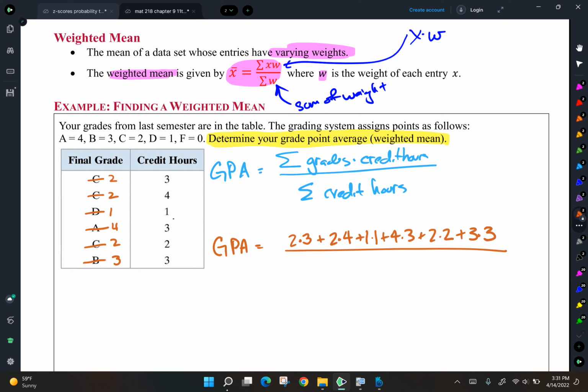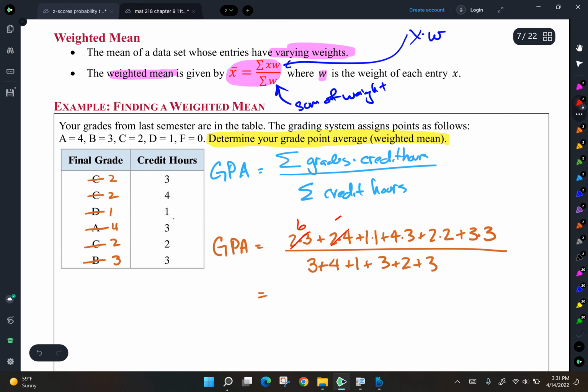And then my denominator just needs to be the sum of the weights. In this case, our weights are our credit hours. And then I'm going to go ahead and calculate this. I'm just going to do some simplification up here.